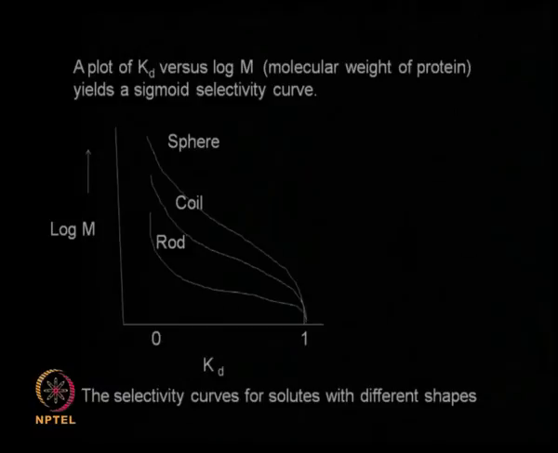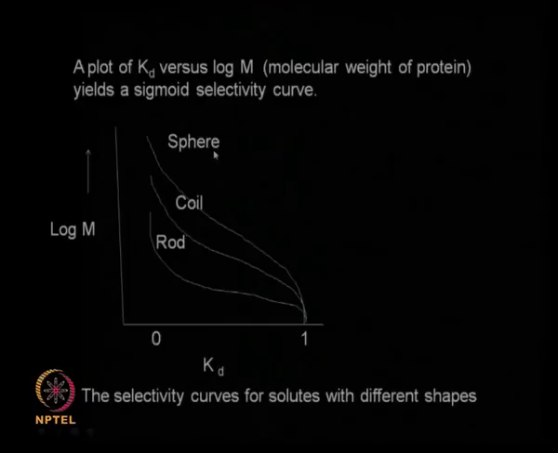Now I mentioned that Kd is a function of the size and the shape of the gel, and also the type of solute and the type of the tube which we use and so on. This particular plot tells you how the molecular weight of the protein behaves as a function of Kd for different shapes.